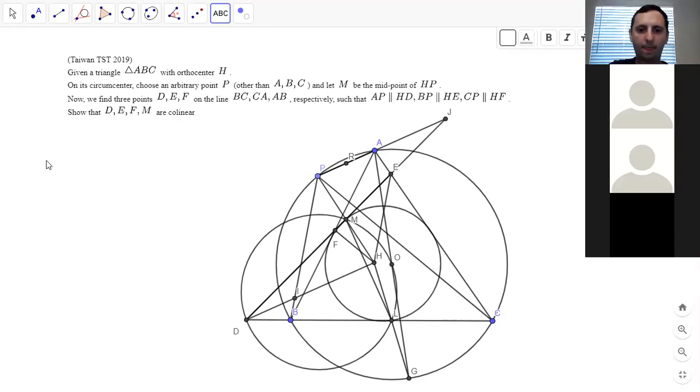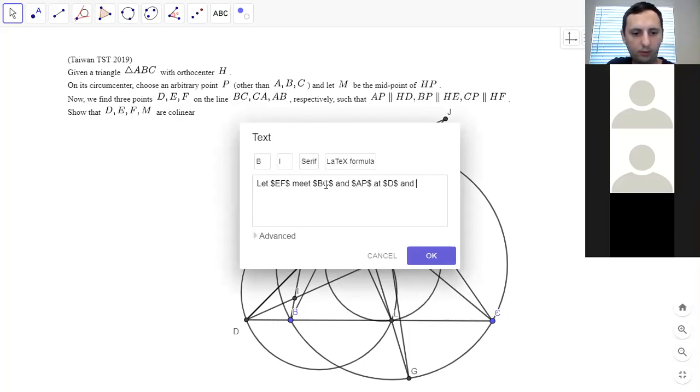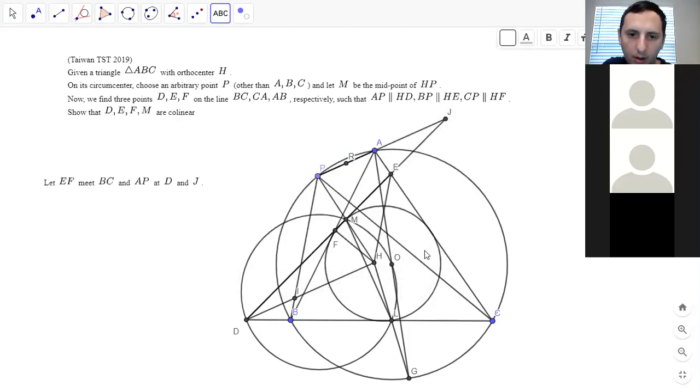Okay. I'm going to write up both your solution and Anmol's solution really quickly. So let EF meet BC and AP at D and J. So we have DM equal to MJ, and is that because DPJH is a parallelogram?